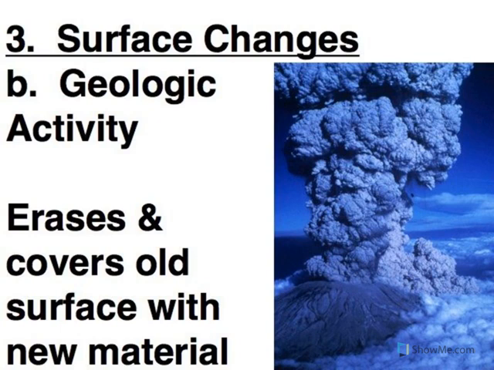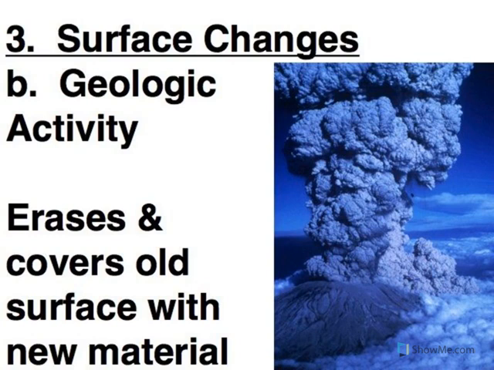Another factor that affects the surface of a planet is geologic activity. Volcanoes are certainly the most dramatic version of that, but also plate tectonics and other tectonic forces can affect the surface. And in all these cases, features that were on the surface are going to get erased or altered as a result of these events.